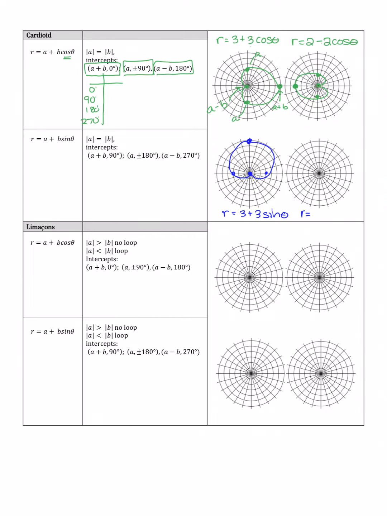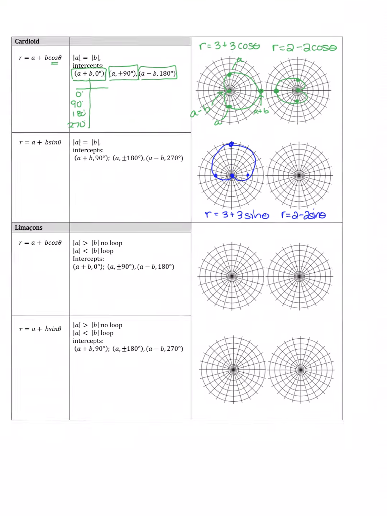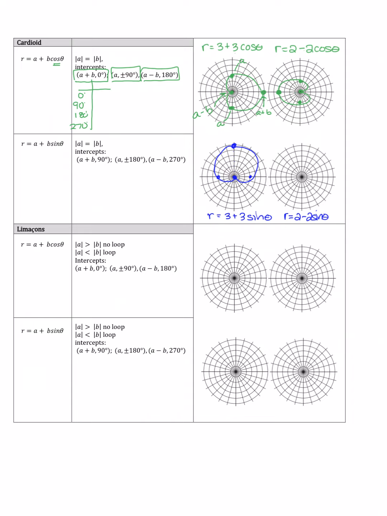Down here we'll do the same, 2 minus 2 sine theta. So if you do have that negative, it just means go to the other side. So A plus B is 4, 1, 2, 3, 4. My sides are 2. 2 minus 2 is 0. And you just get a smaller one, but reflected over, okay?